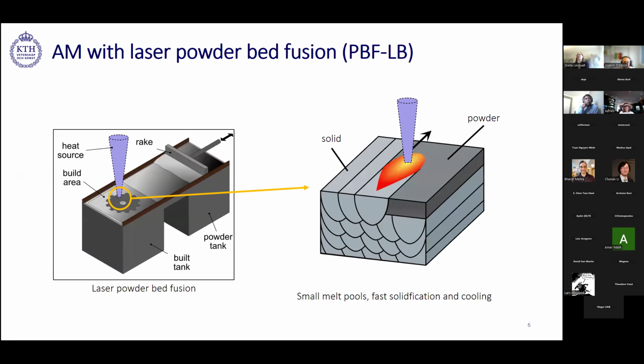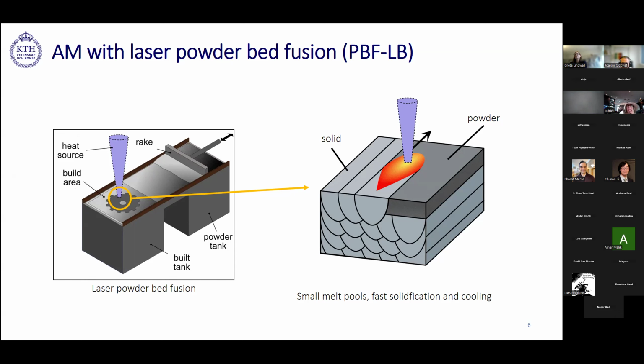But if we look at additive manufacturing, and particularly in this case laser powder bed fusion, the laser creates a very small melt pool, and the material in the melt pool solidifies really fast and is exposed to really high cooling rates. So during this, formation of martensite is possible already during the process.